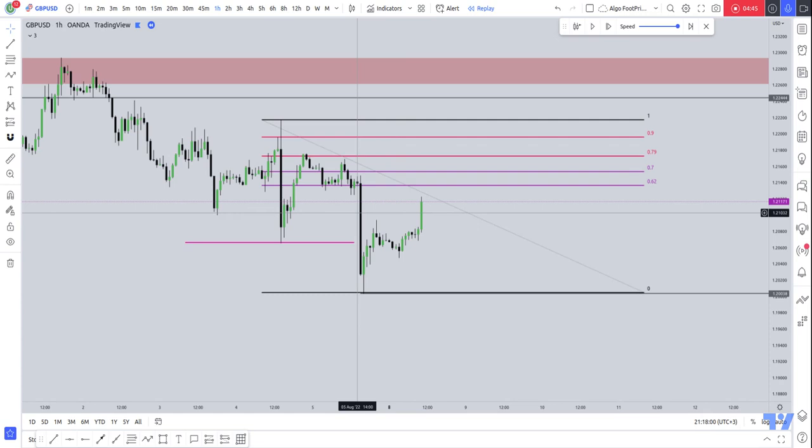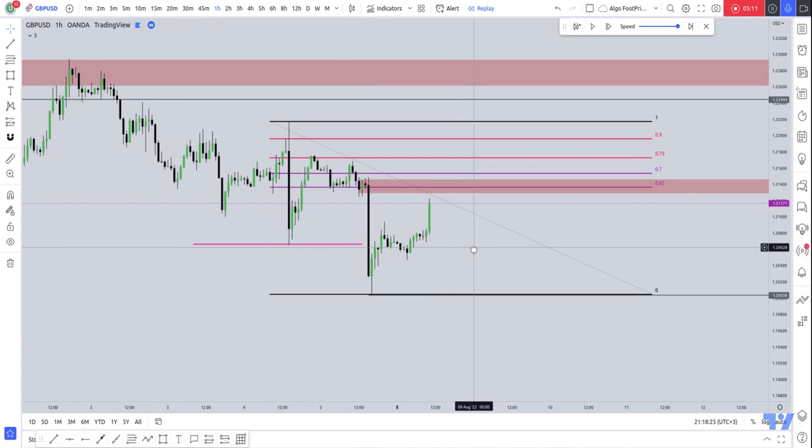However, imbalance by itself cannot be a confirmation for entry or making positions. So I wanted price to come into this zone between 70% and 62%, also touching this order block. So we have this order block right here.